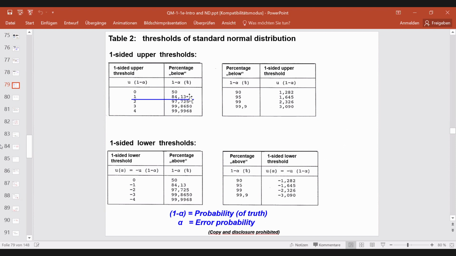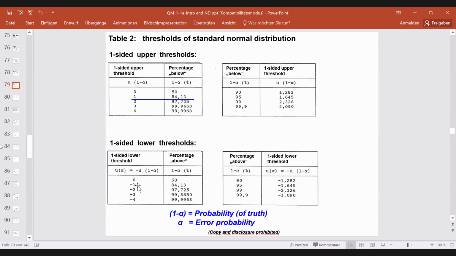This is the percentage below. So these two tables are for one-sided upper thresholds. These are thresholds which are on the right side of the mean. This is for upper thresholds, this table value and also this table value.